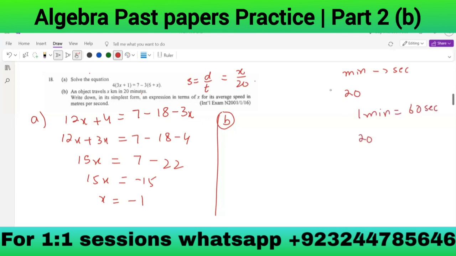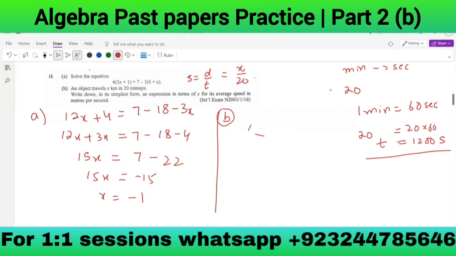So 20 minutes is equal to 20 times 60, 1200 seconds. Okay, so the time is 1200 seconds.